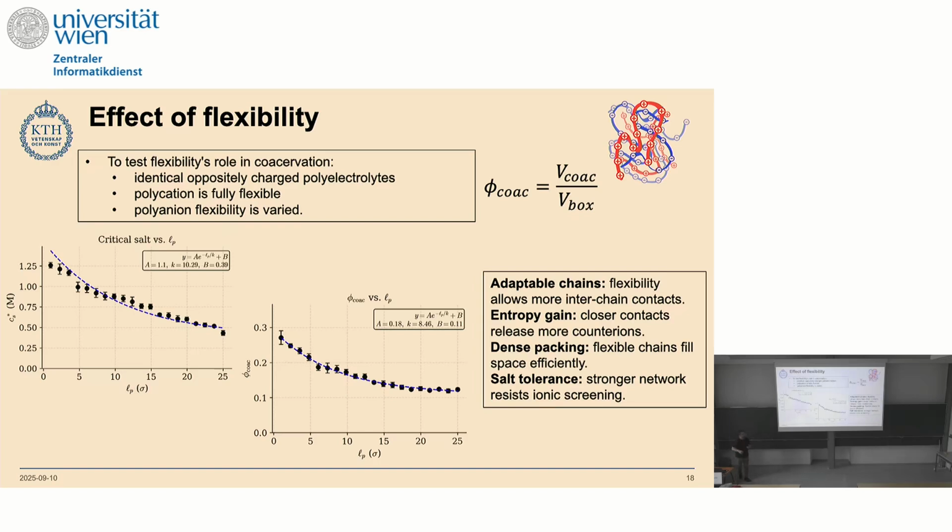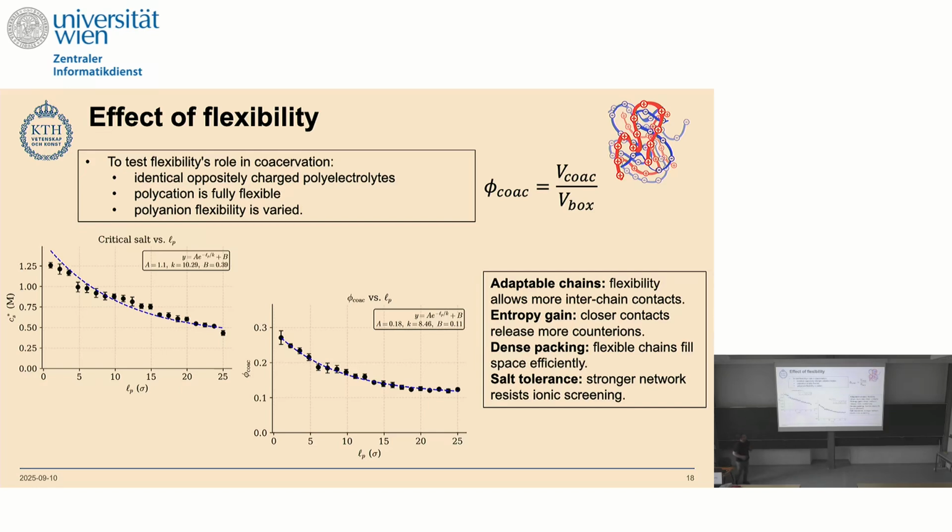As you can see here, the more rigid polymers we have in the system, the less favorable it is for coacervation. The critical salt concentration and the volume fraction of coacervate decrease with more rigid polymers.